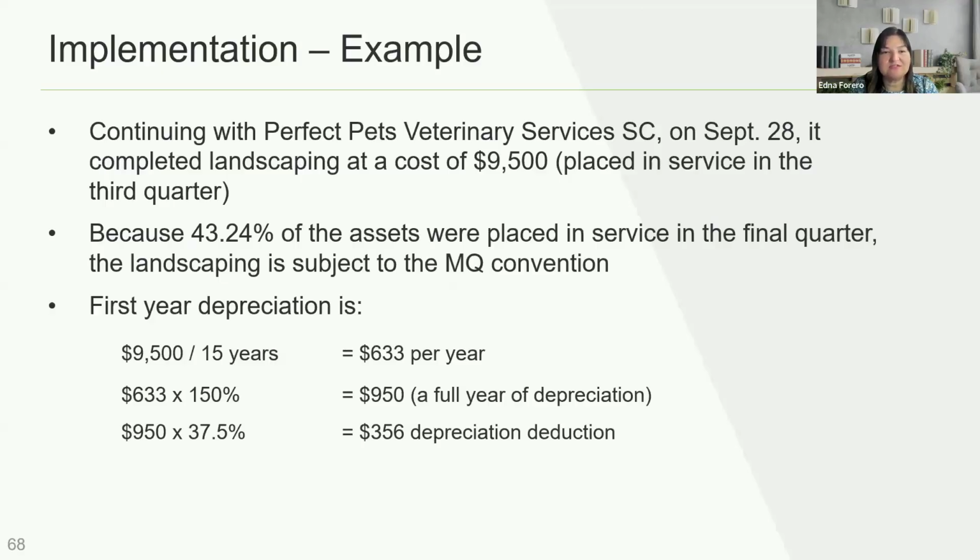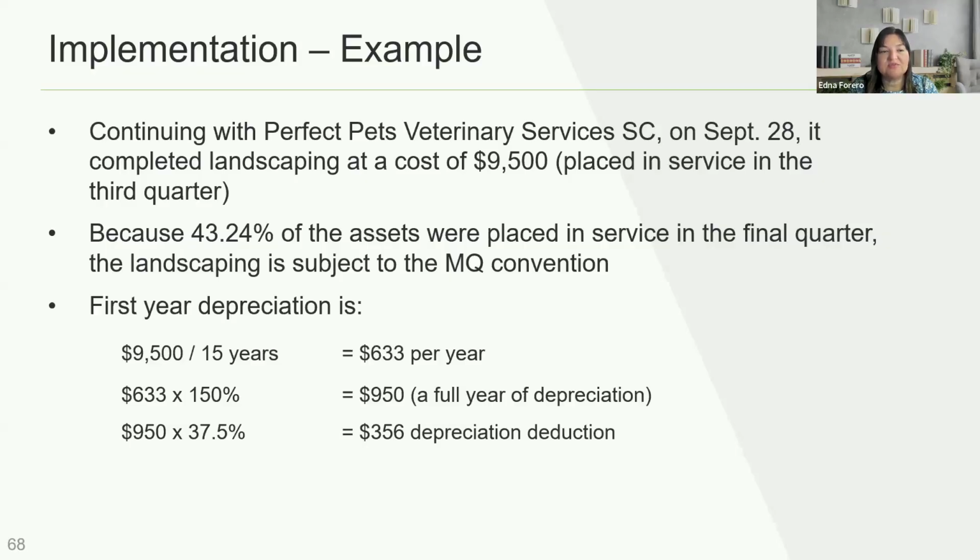Again, the same vet service, in September, they purchased $9,500 worth of landscaping, and it was placed in service in the third quarter. So because that 43.24% of the assets were placed in the final quarter, the landscaping is subject to the mid-quarter convention. So first year of depreciation, that $9,500 divided by 15 years, which is its class life.